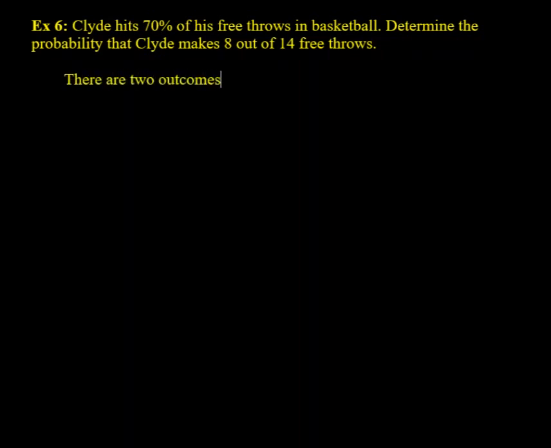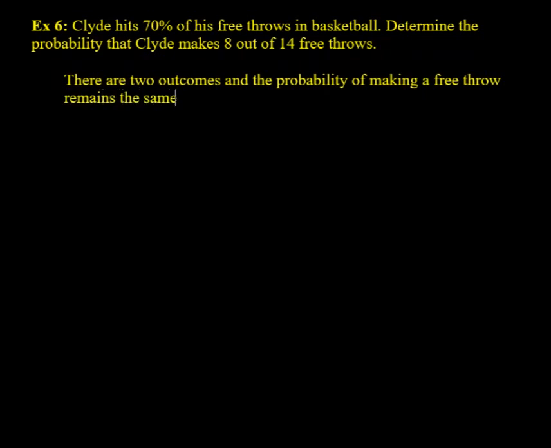There are two outcomes, and the probability of making a free throw remains the same from shot to shot. It is reasonable to assume one shot is independent of another.